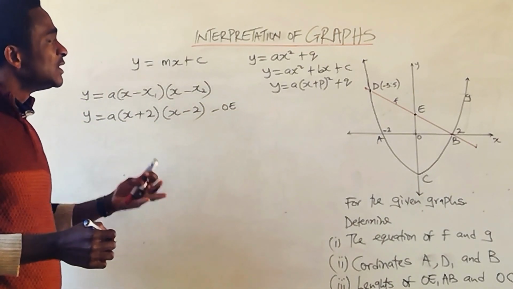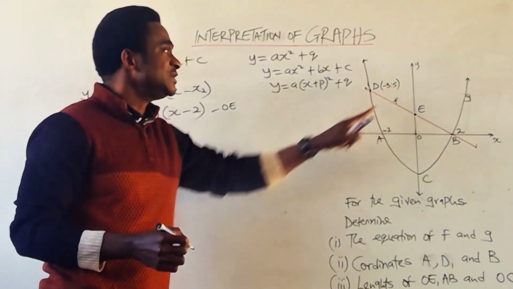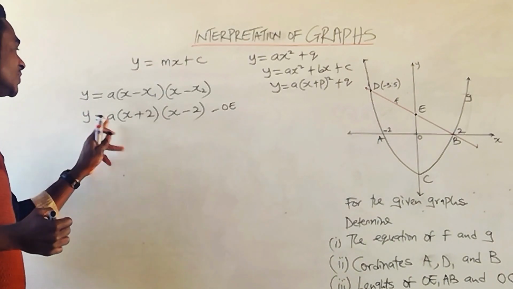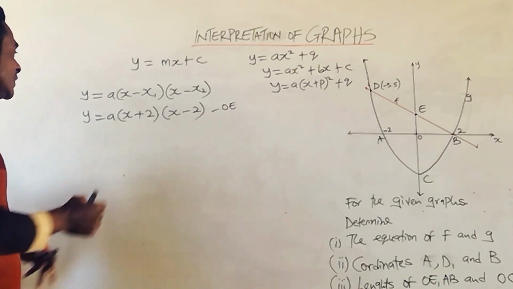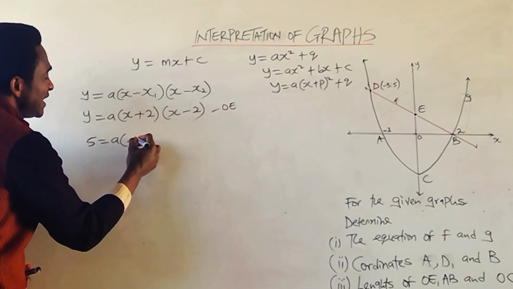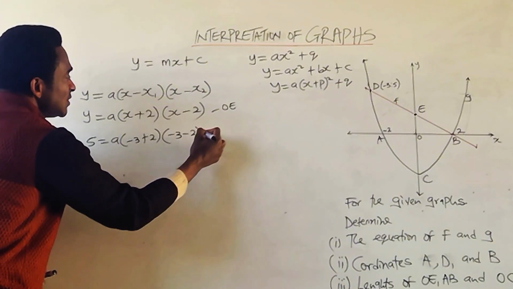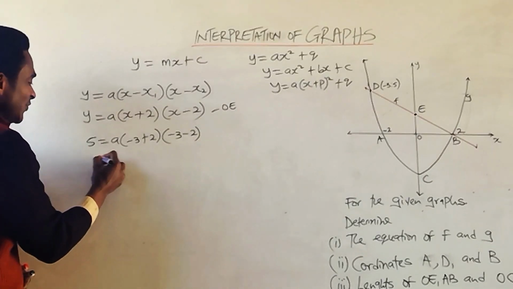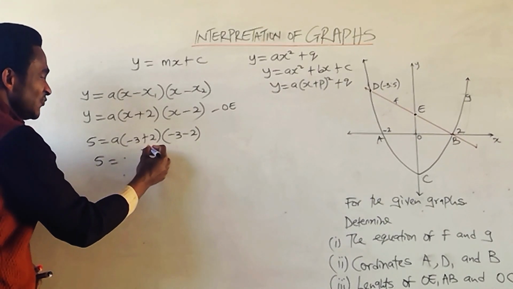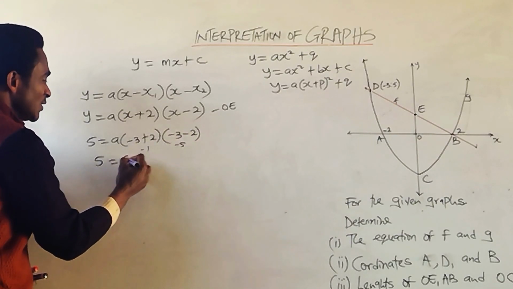Now we check around if any other coordinate is given. If we check here, this coordinate is still given on the graph of g. So we sub in that coordinate to get our value of a. So there, y is 5 and x is -3. So we'll have -3 plus 2, and if we simplify this, -3 plus 2 is -1, -3 minus 2 is -5, so we'll also have 5.